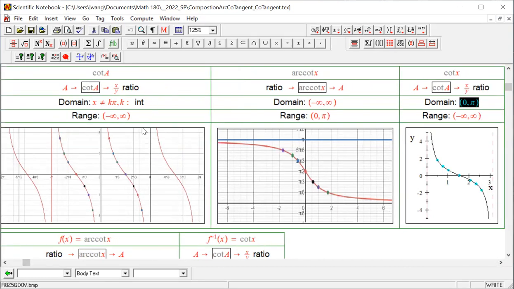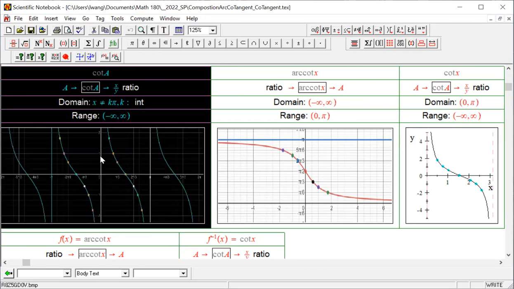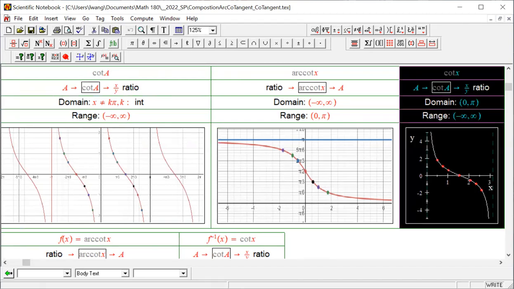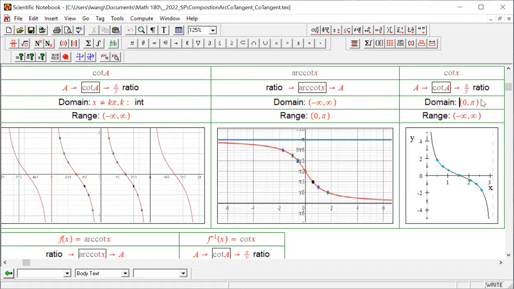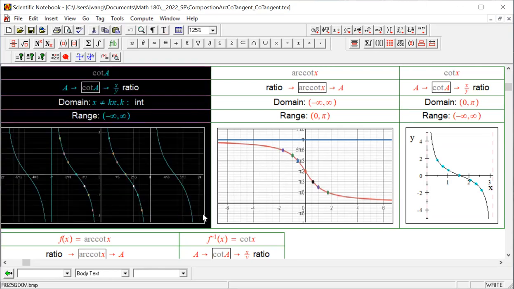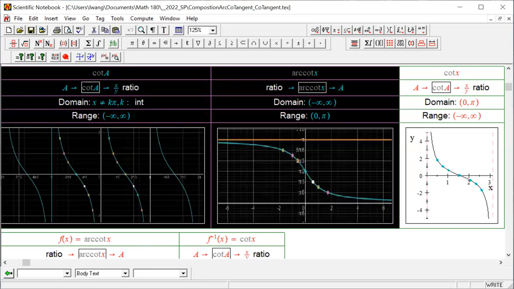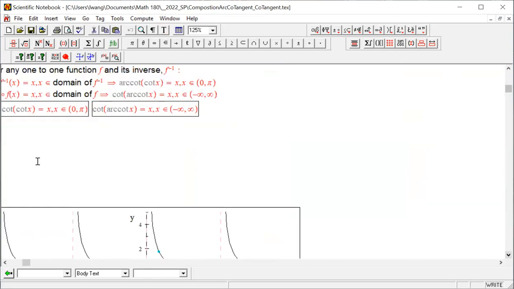So if we don't specify the domain for that cotangent, we always refer to this one. All right, so without further ado, let's look at some examples.